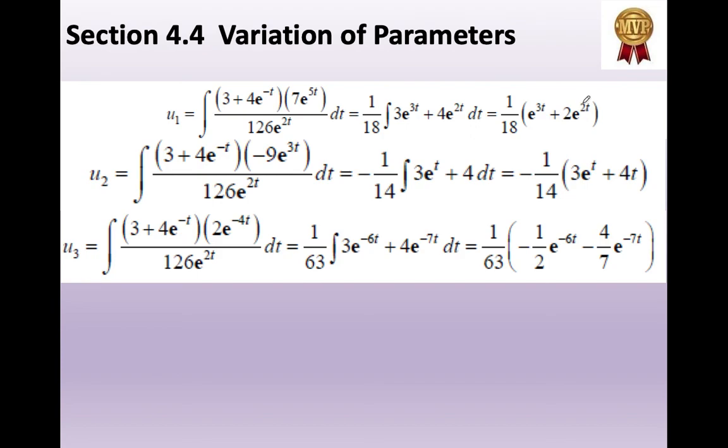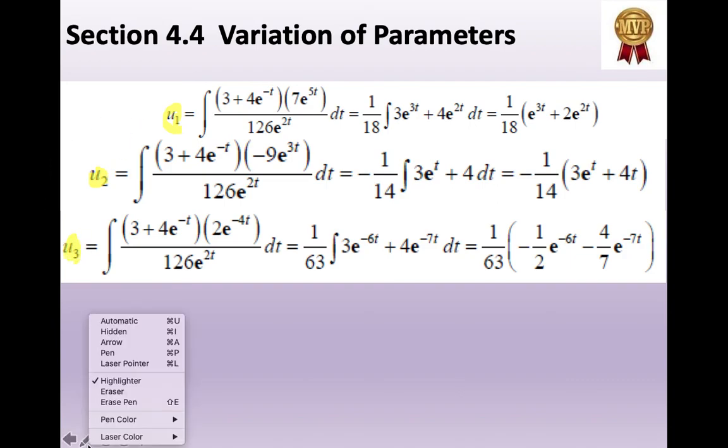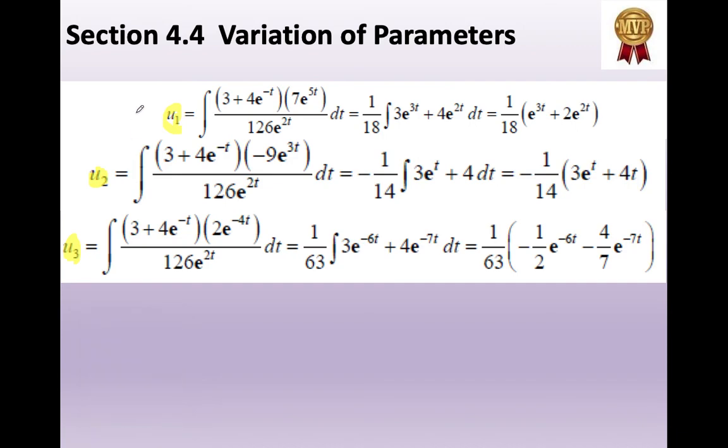And then don't forget that those results are still not your final particular solution, right? You need to multiply each one of these. You're going to end up multiplying this by y sub 1, y sub 2, and y sub 3.